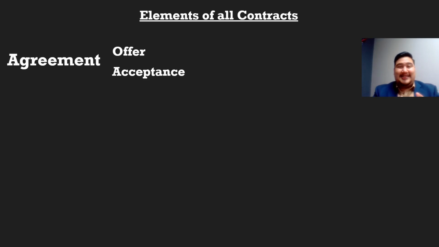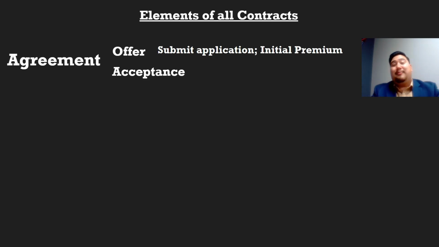Okay, in this exam, it's going to be a little bit different. An offer is actually done by the proposed insured or the applicant. The offer is that you're submitting an application along with an initial premium, that first month's payment. That is considered an offer. You're basically offering yourself to be part of the company.